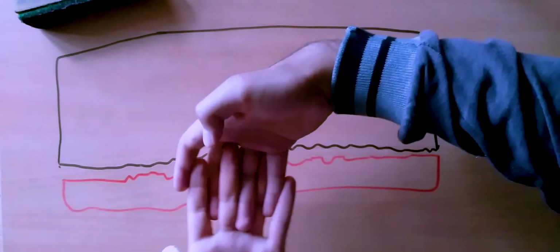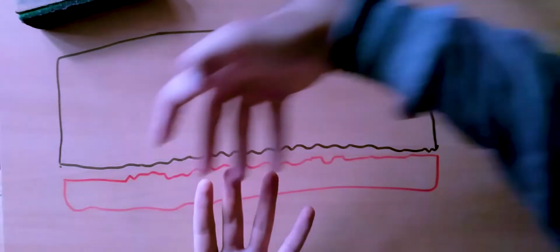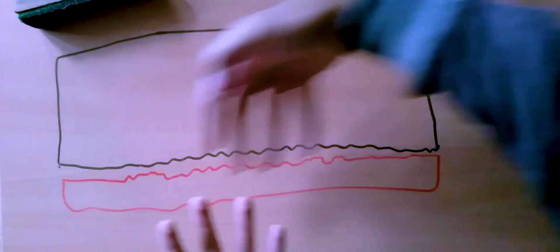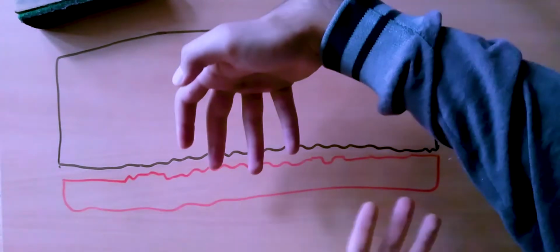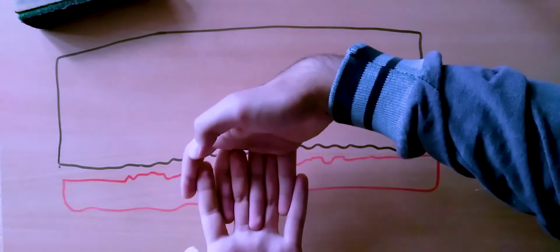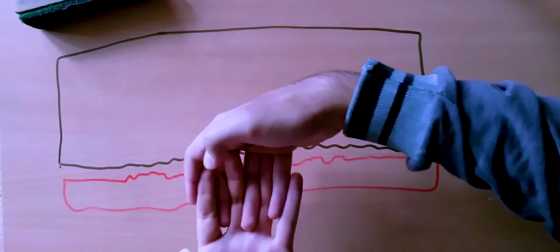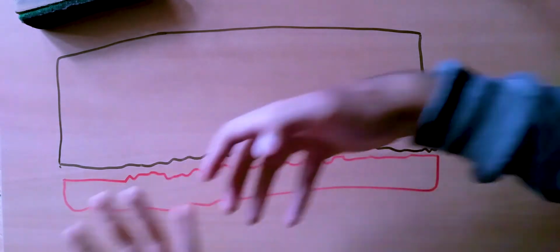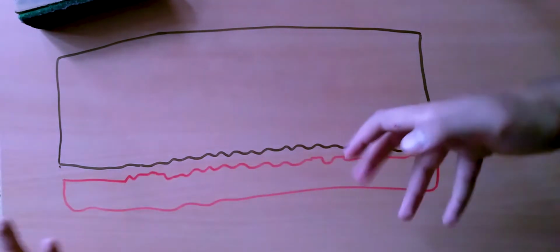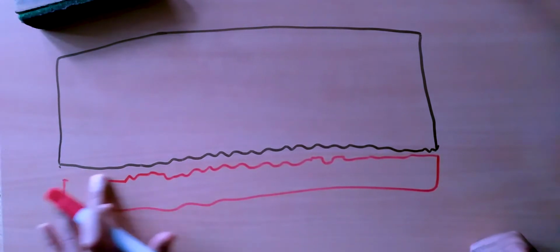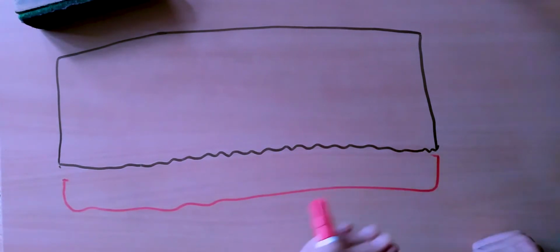If I try to move this in this direction when it is not interlocked, I can move them easily. The relative motion is easy. But when I place them on top of each other, they get locked, and it is very difficult to move, and I have to overcome this interlocking to be able to move the object. So these two irregularities end up interlocking.